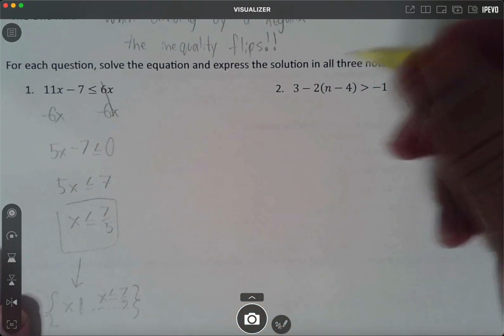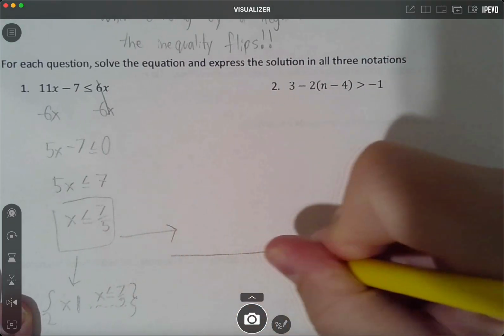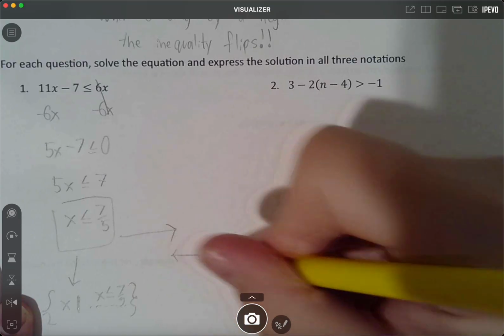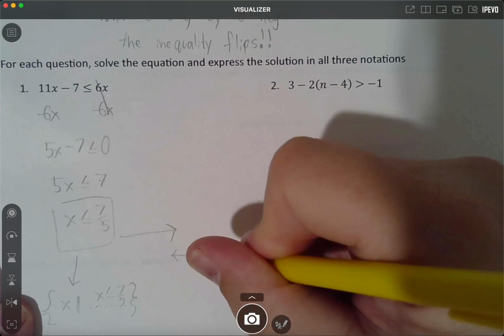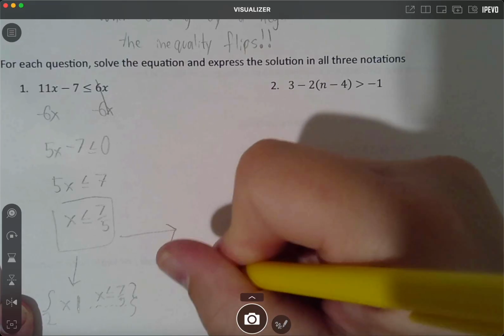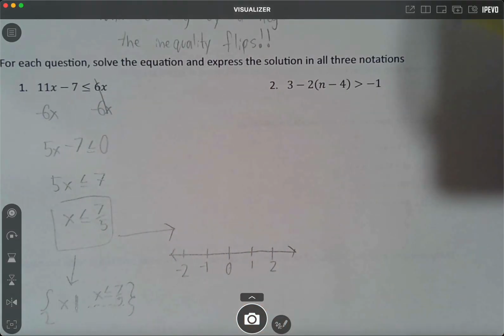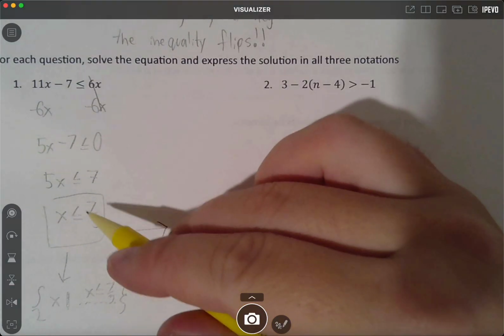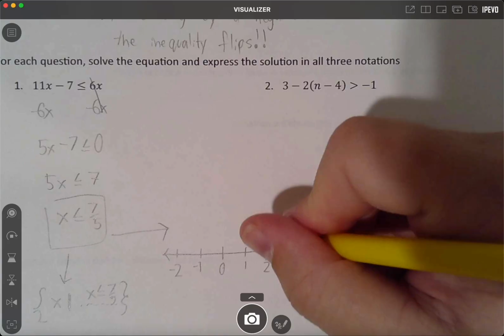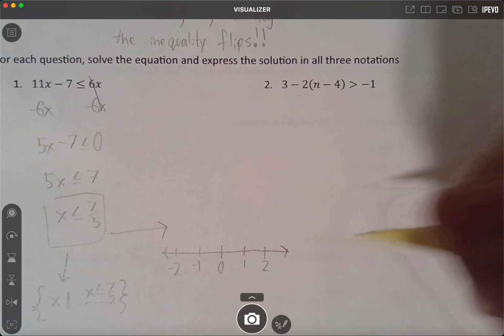But next, we need a graph, we need interval notation. I think let's do the graph next. This one's a little bit interesting because we've got 7/5. Again, your online homework will provide the graphs, you just have to choose the right one. 7/5, you need to think about where that is. 7/5 is 1.4, so it should be somewhere right here between 1 and 2, but a little bit closer to 1.